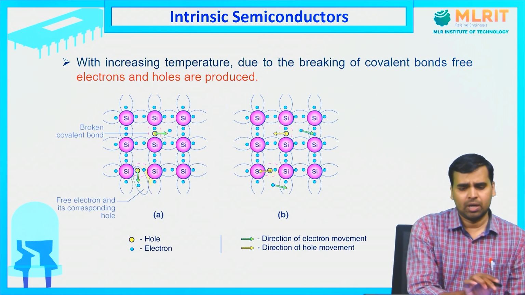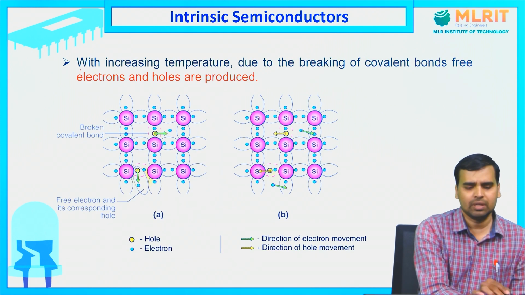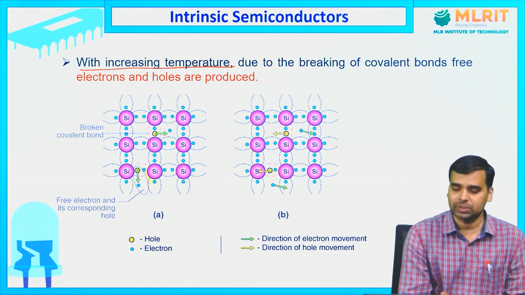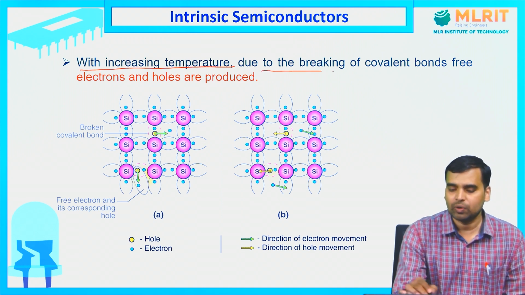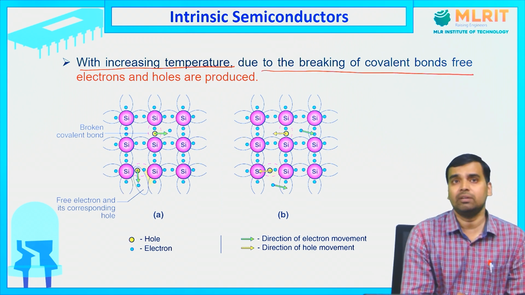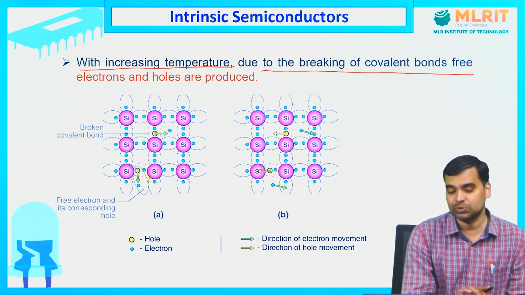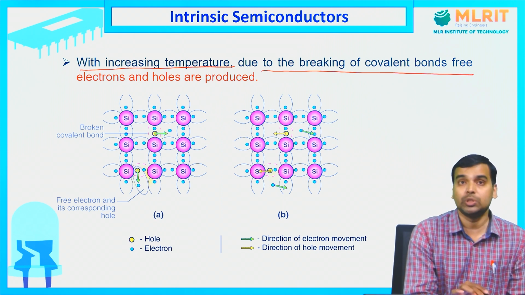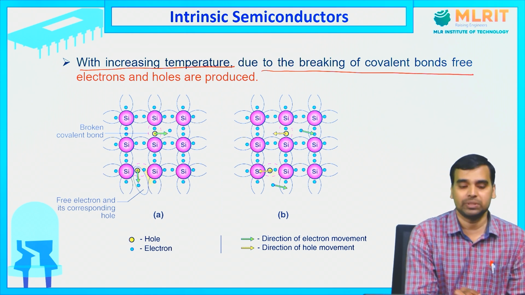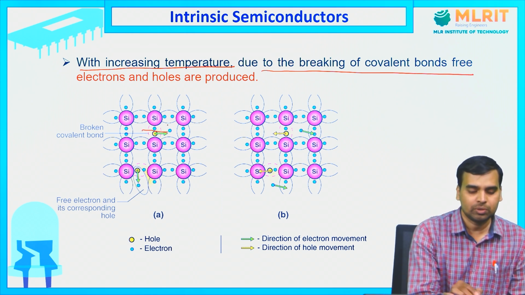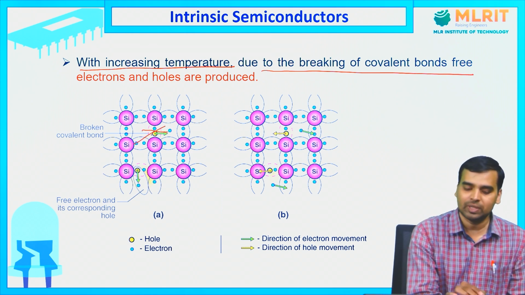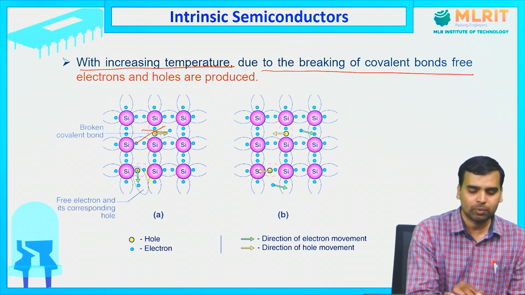With increasing temperature, due to the breaking of covalent bonds, in any solid material, when we increase temperature, there exist lattice vibrations. That is, atoms are going to vibrate. Due to lattice vibrations, covalent bonds are going to be broken.